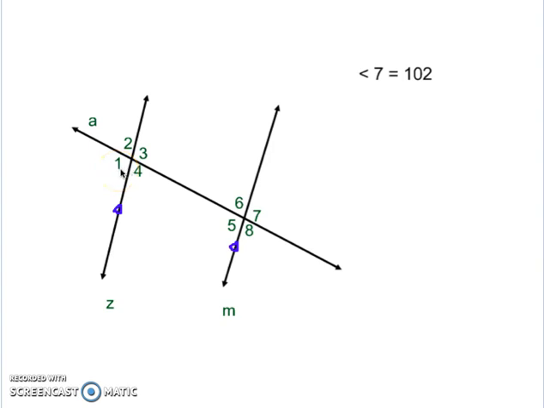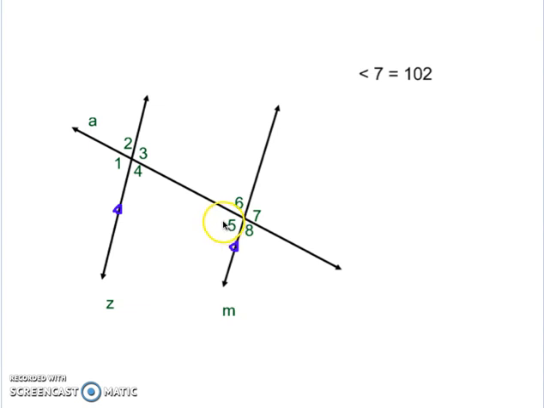From there, we look for corresponding angles. So far we know angle 7 and angle 1 would be 102 degrees. Angle 5 is corresponding, and remember, corresponding means that it is congruent, so it also has to be 102. So angle 5 is also 102 degrees.